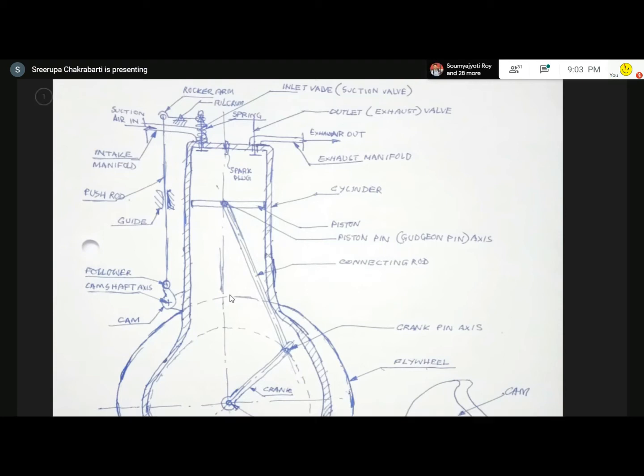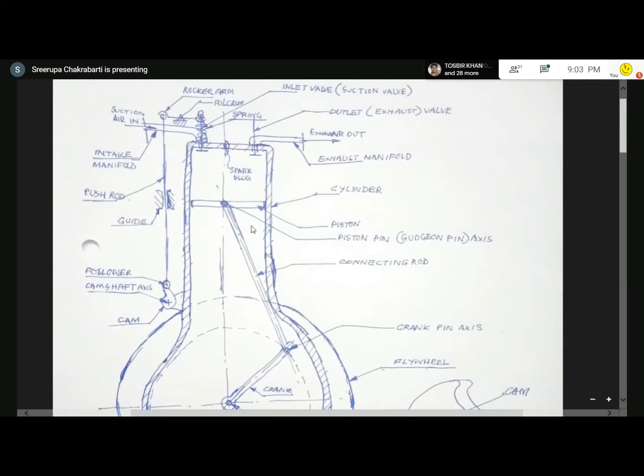These 4 strokes, 4 journeys of the piston, complete one cycle of the engine. This one cycle may take, say, 1/25th of a second. It's a very small period of time. So this cycle will now be repeated again and again.